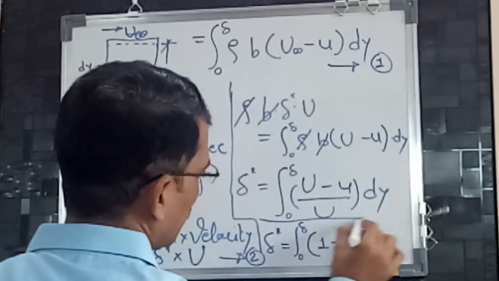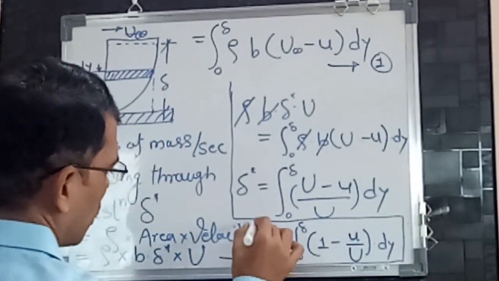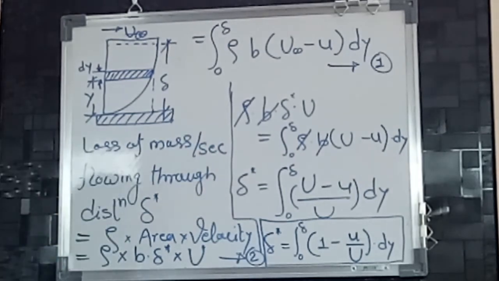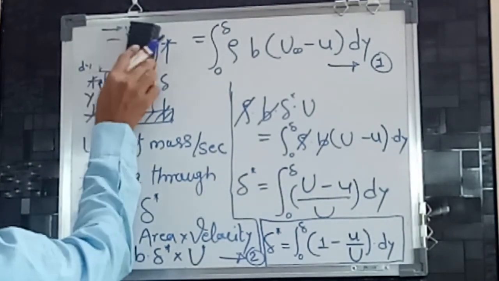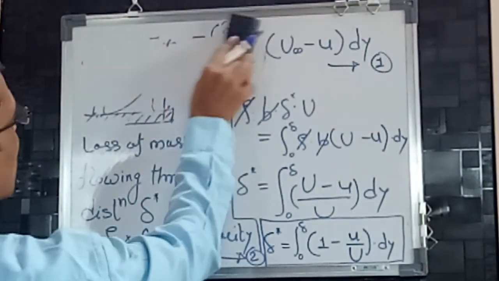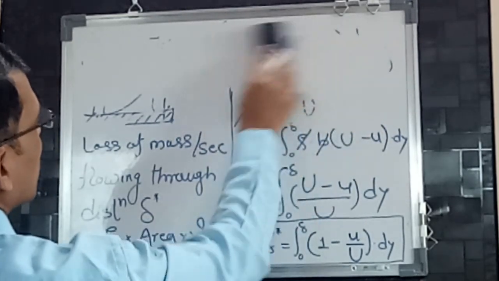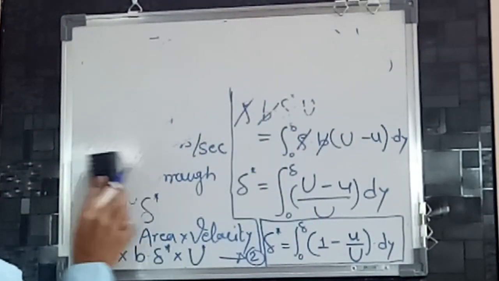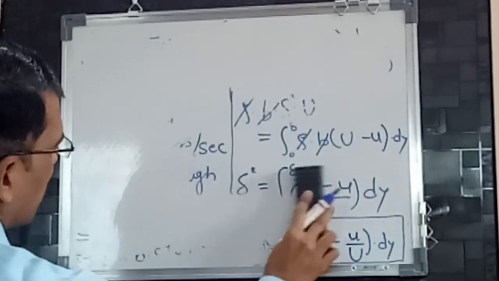So now see, this is your displacement thickness. Okay. After that, we'll see momentum thickness. Now you understand? From this equation, it will come in that form.